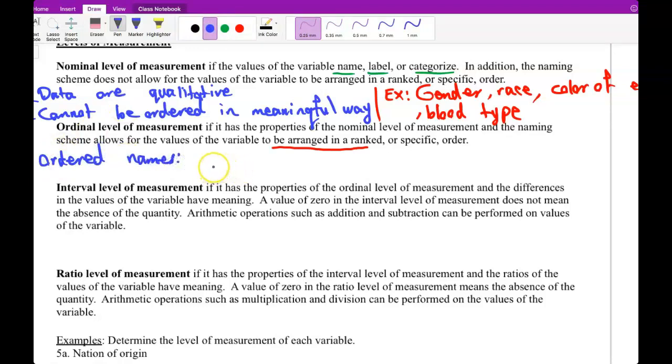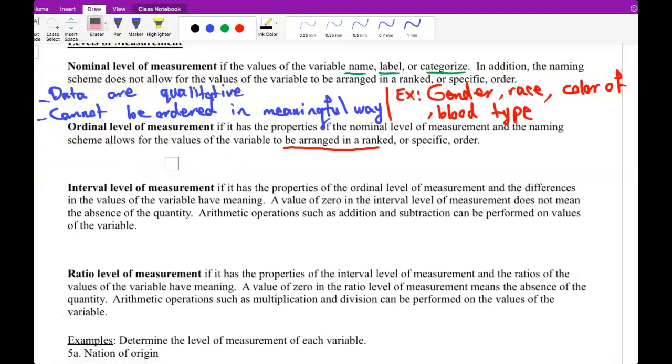You can have ordered names. Data can be ordered. But on top, we were not able to order them.